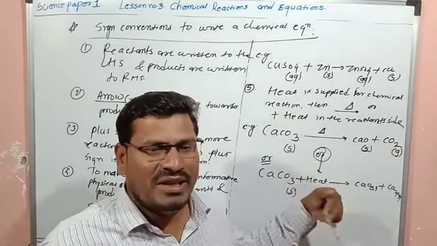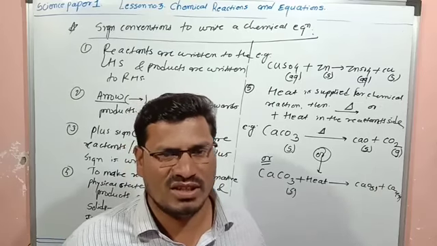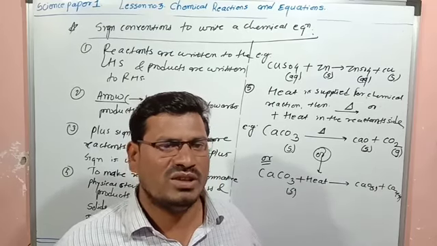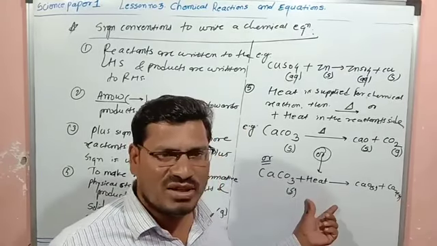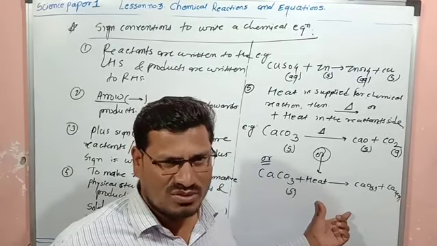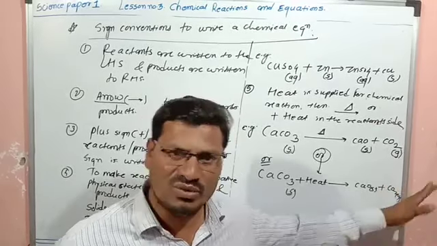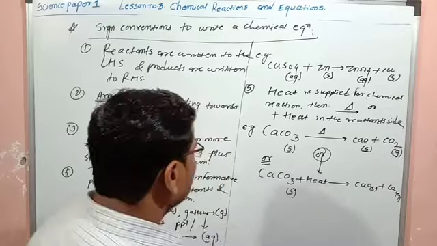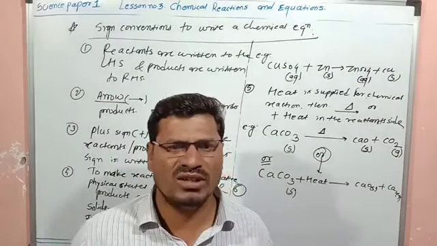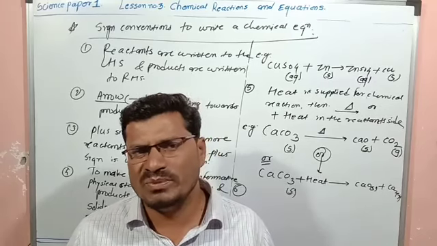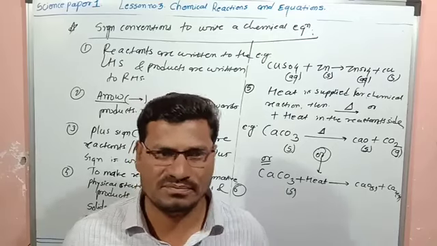And if heat is given out in the chemical reaction, if heat is produced, then you write plus heat on the right side, the product side. Now we learn the sixth point. Specific conditions required for the chemical reaction should be mentioned.